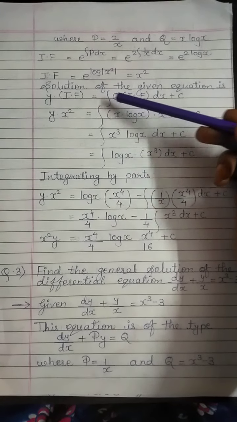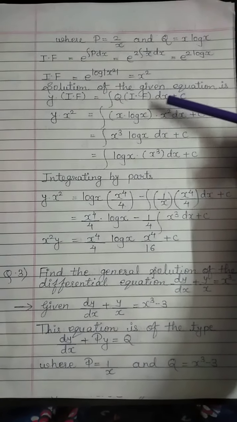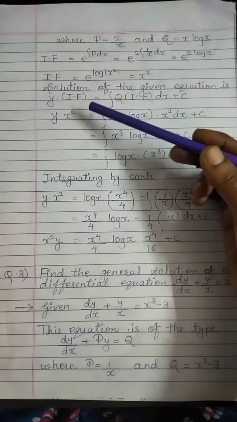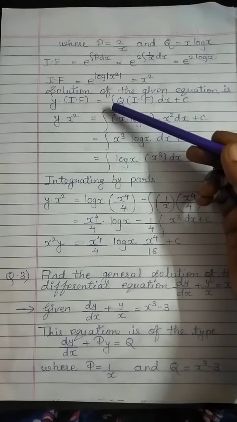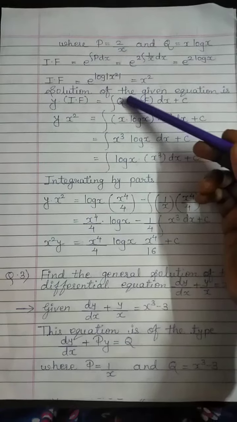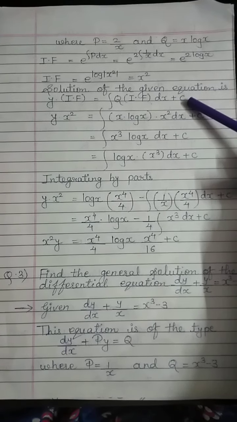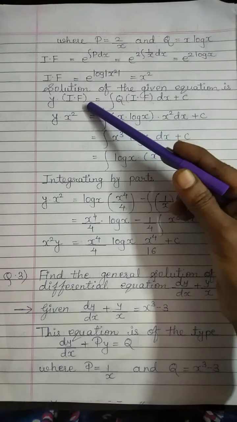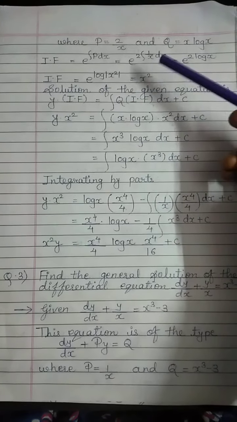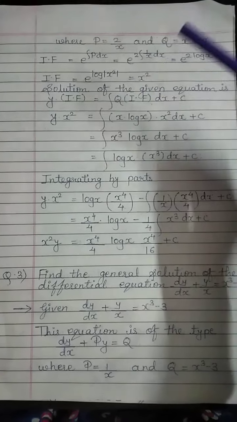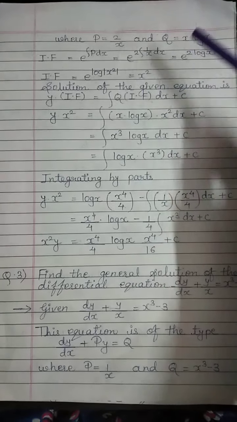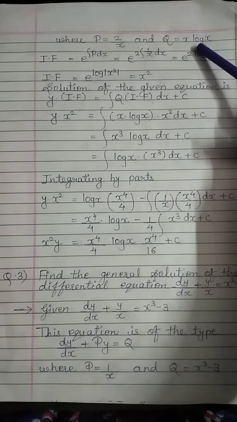Now solution of the given equation is given by y into integrating factor is equal to integration of q into integrating factor dx plus c. So at the place of integrating factor we will substitute x square, and at the place of q we will substitute x into log x.